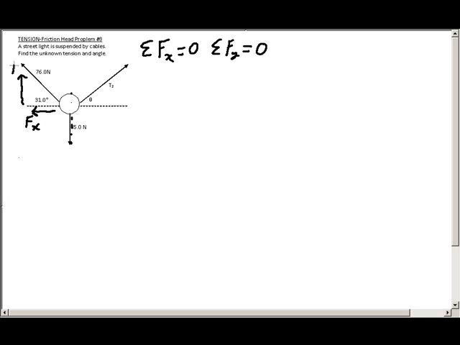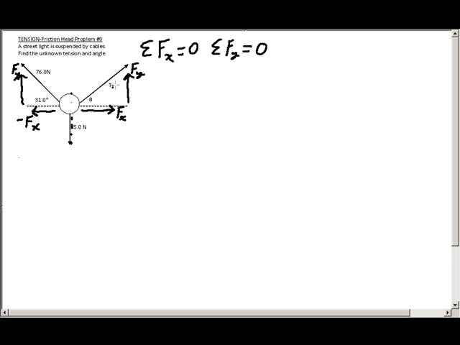Once again, because that tension coming from here has a y component. And the force in this direction is the F in the x direction, positive. This was a force in the negative direction.